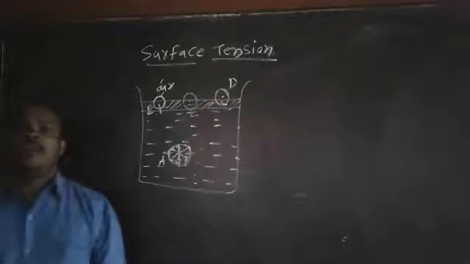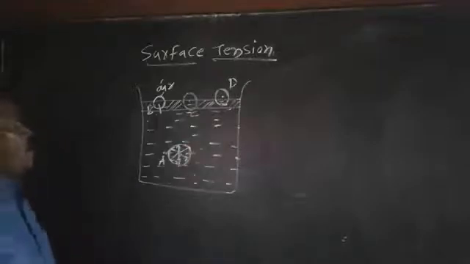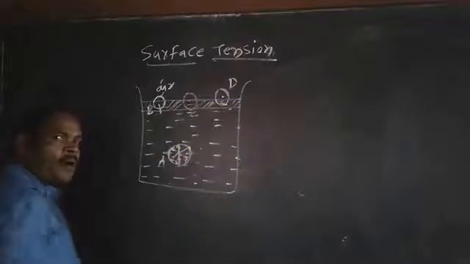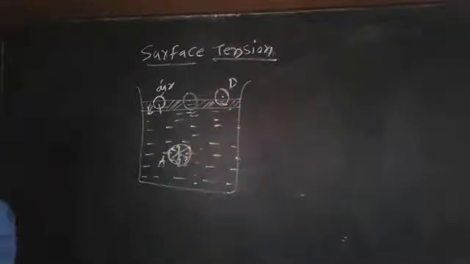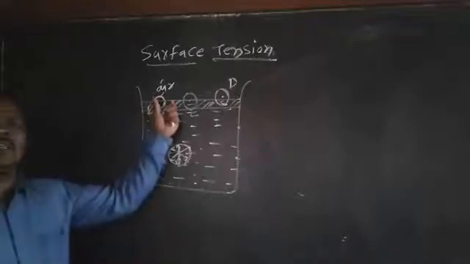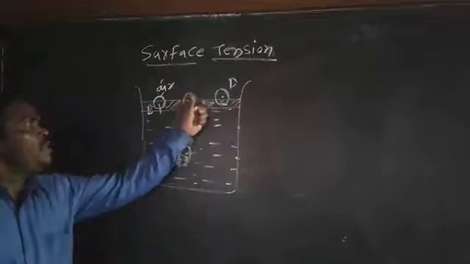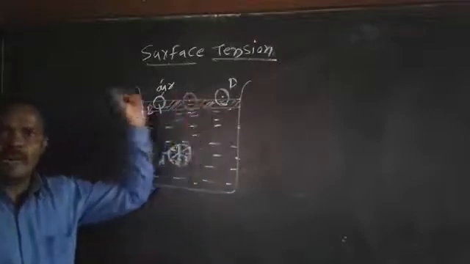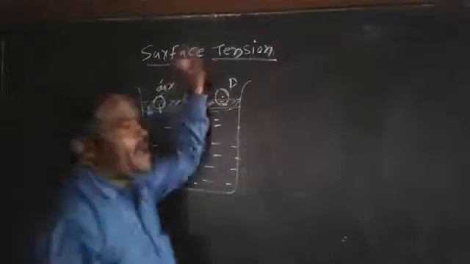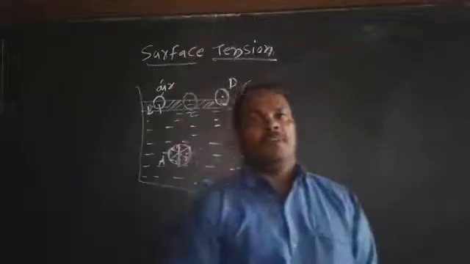If we stretch the rubber on both sides, the force is called tension. So in the case of the liquid film, there is tension in the liquid film. It is called surface tension.